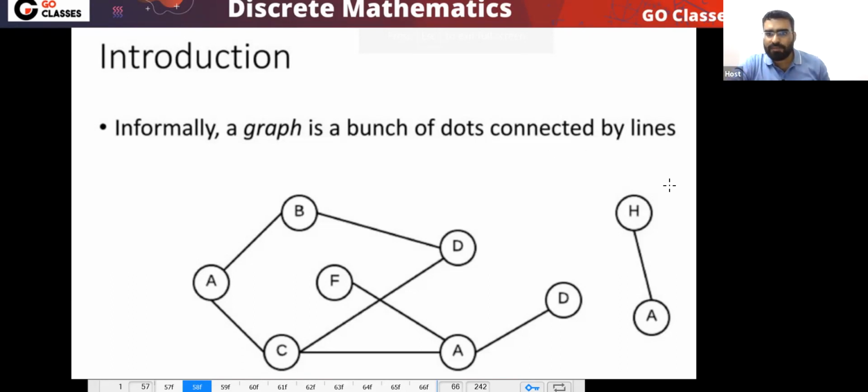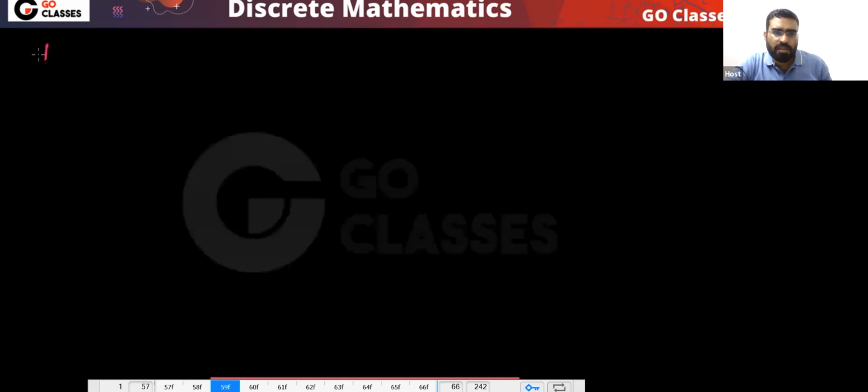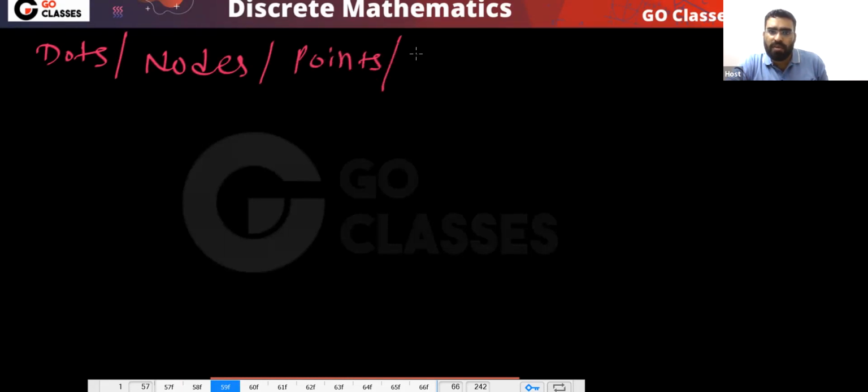So what is graph theory? Graph theory is basically a structure of dots and lines. These dots, another name is nodes. You can call them dots, nodes, points, or vertices.